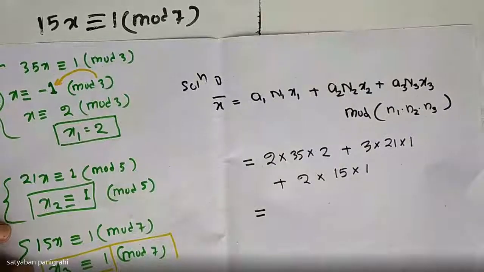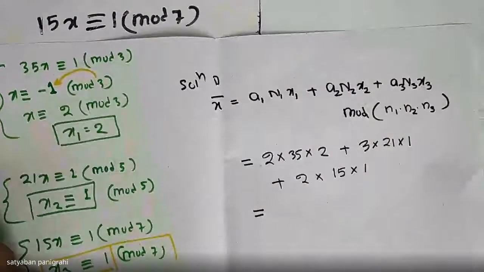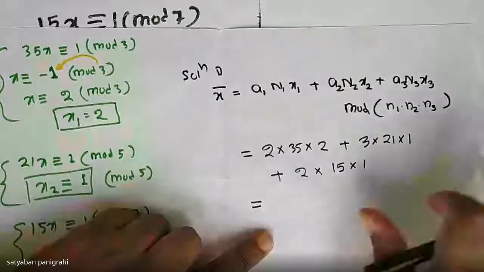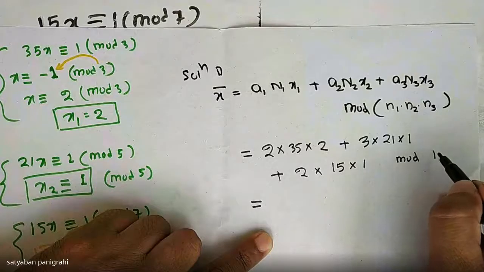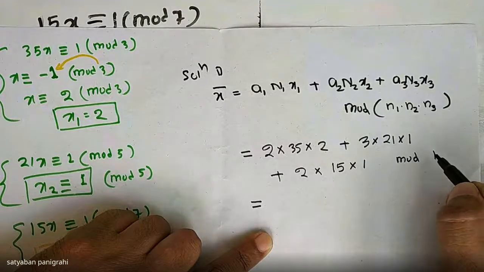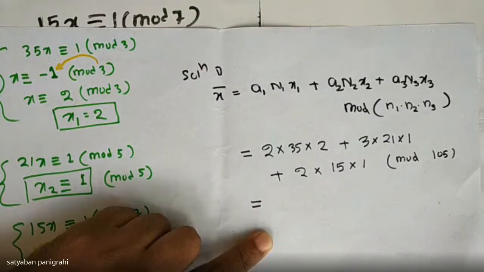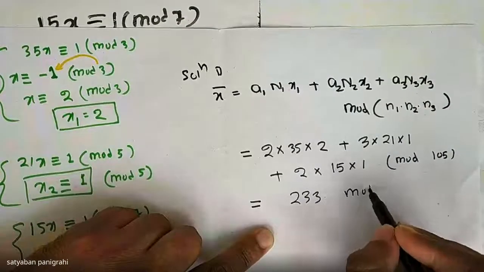Just write what you got. Please tell me what this value is. After that we will go for mod 105. It is 233. 233 mod 105.